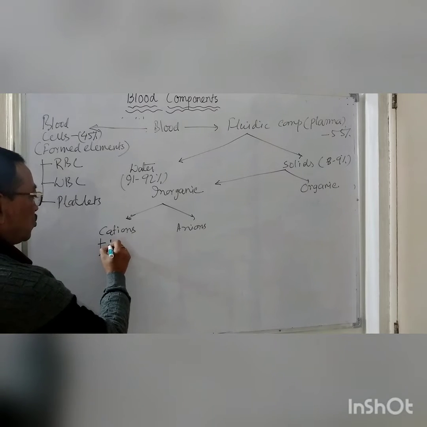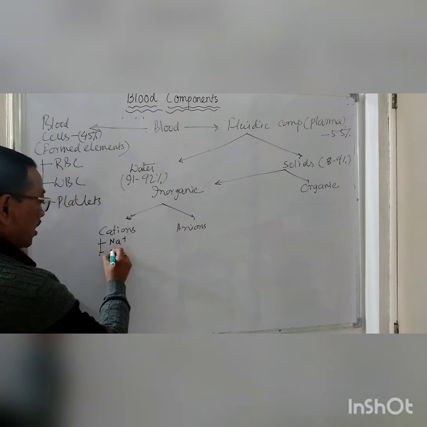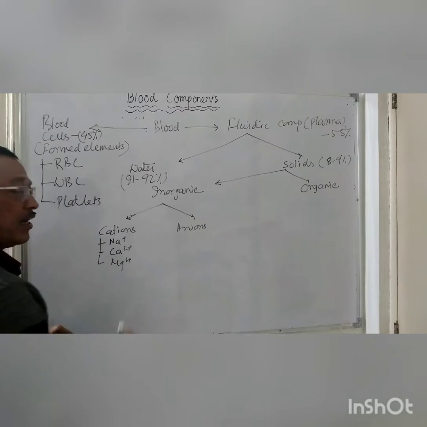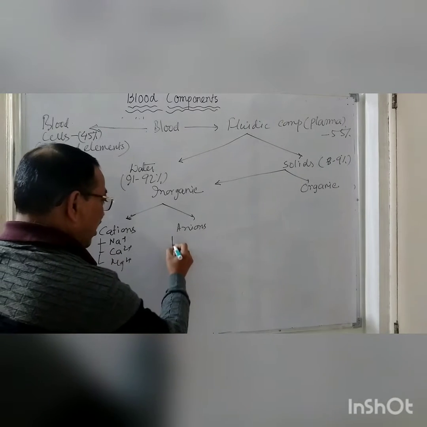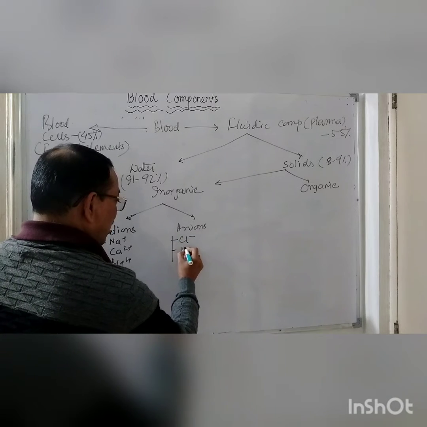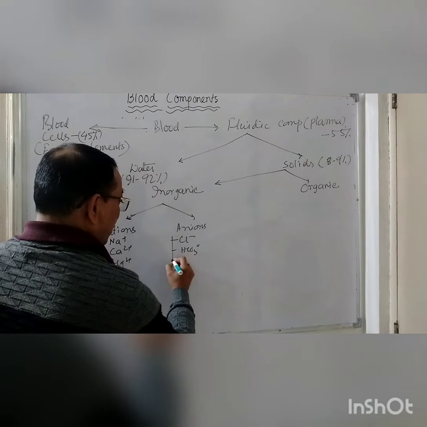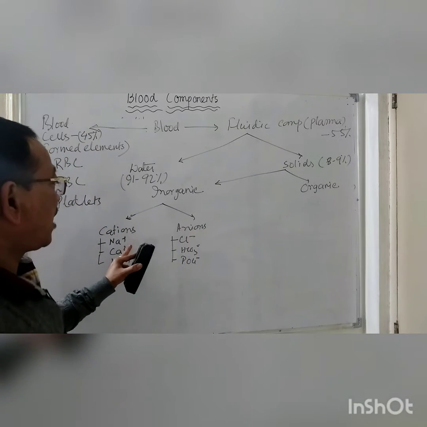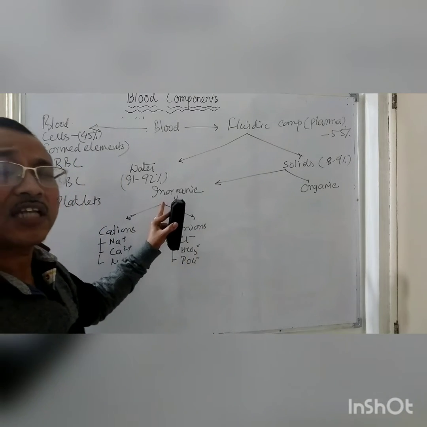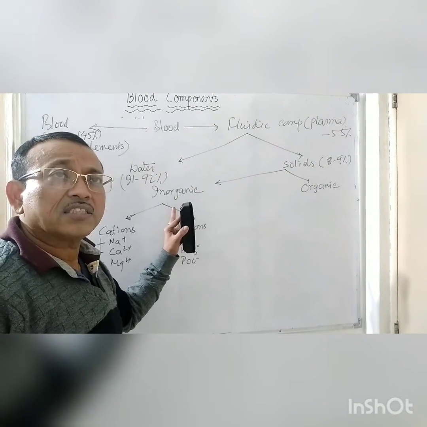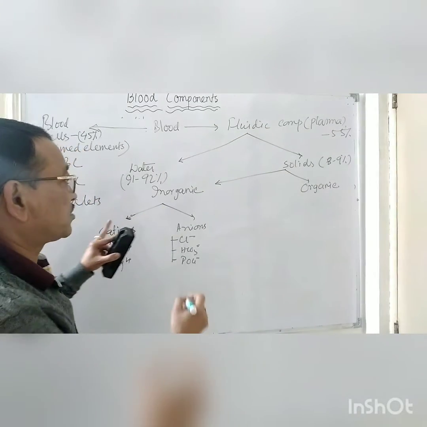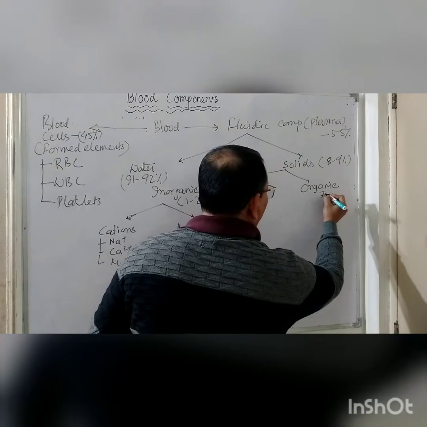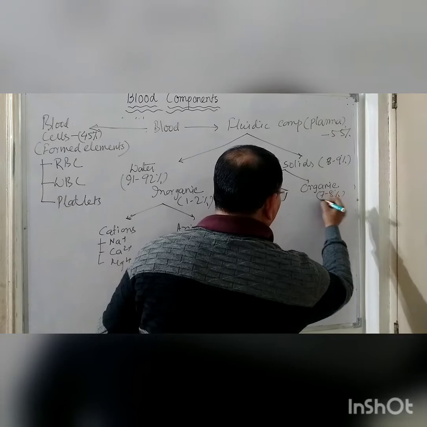Main cations include sodium ion, calcium ion, magnesium ion, etc. And main anions are chloride ion, bicarbonate ion and the phosphate ion. So these are the main ions which are present as the inorganic substances. And these inorganic substances are around 1 to 2% and 7 to 8% is the organic substances.